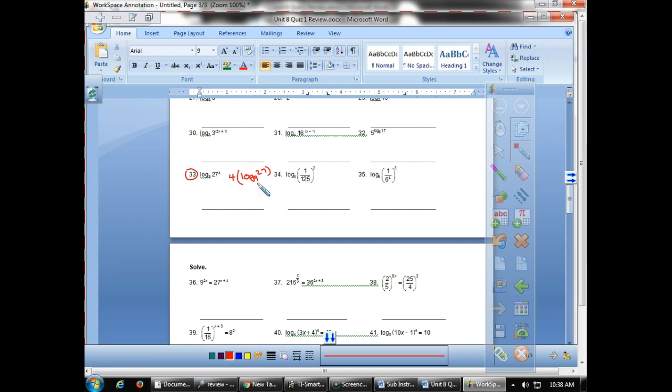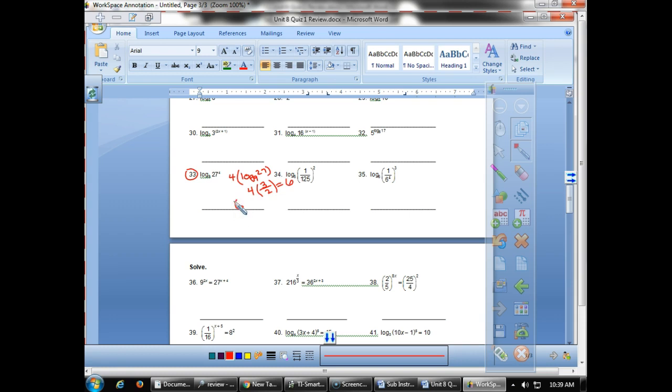Well, wouldn't you first take the square root of it to turn it into a 3, and then you would cube it to turn it back into the 27? Okay, so it's going to be 4 times, and I said we would first take the square root and then cube it. So it's going to end up being 6 is the answer.